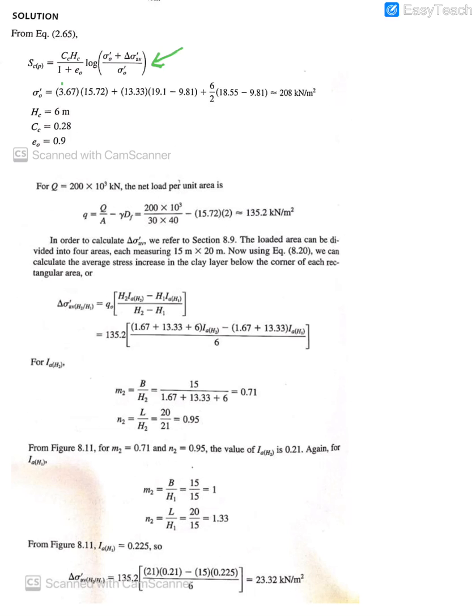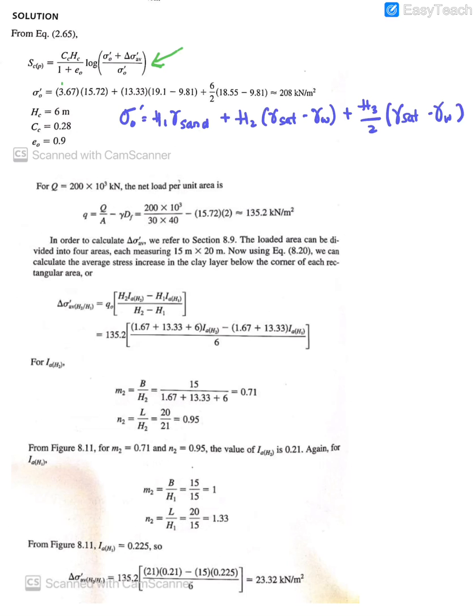I write here, sigma naught prime equals H1 gamma sand, plus H2 times (gamma saturated minus gamma w), plus H3 over 2 times (gamma saturated minus gamma w). So substitute all the values.